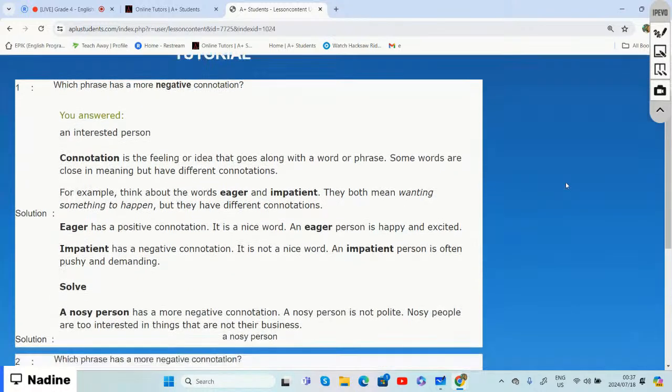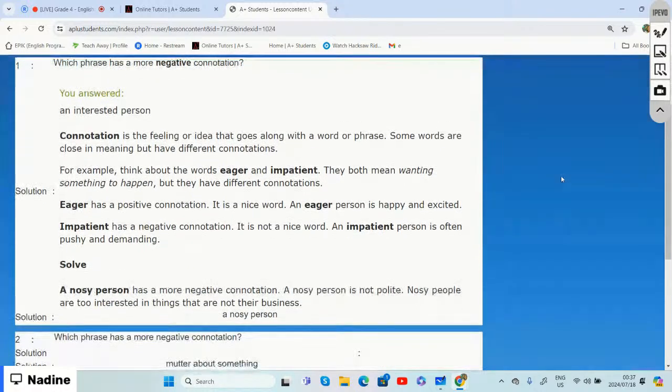So when it comes to connotations, we are doing negative connotation and positive connotation. We have a negative connotation and we have a positive connotation.